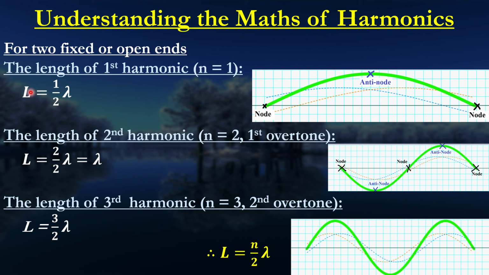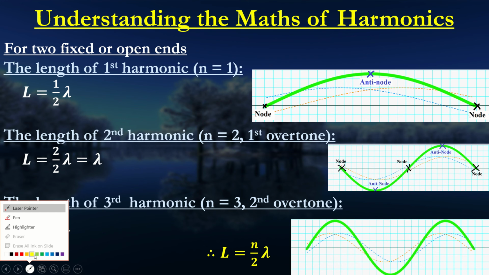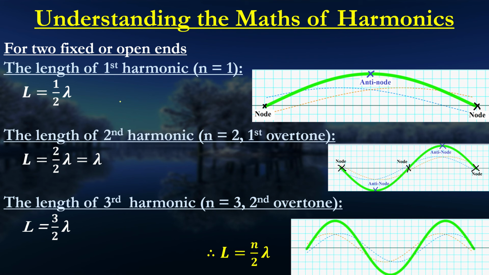So for the very first harmonic for two fixed ends, we get half a wavelength of this particular sound wave. In the second harmonic, or our first overtone, we have generated a singular wavelength here. So n, if you recall, in our general formula, the length of the string is n over 2 times lambda.